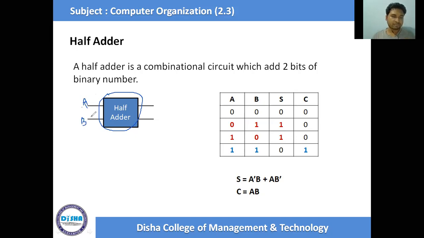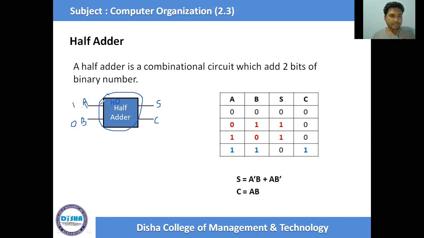I can supply only 2 bits to the system. Say for example A is 1 and B is 0, so the system will receive 1 0 and add these two numbers. Then it will produce one value, the sum, and another value, the carry. When we add these two numbers, in some cases we'll get a carry value.